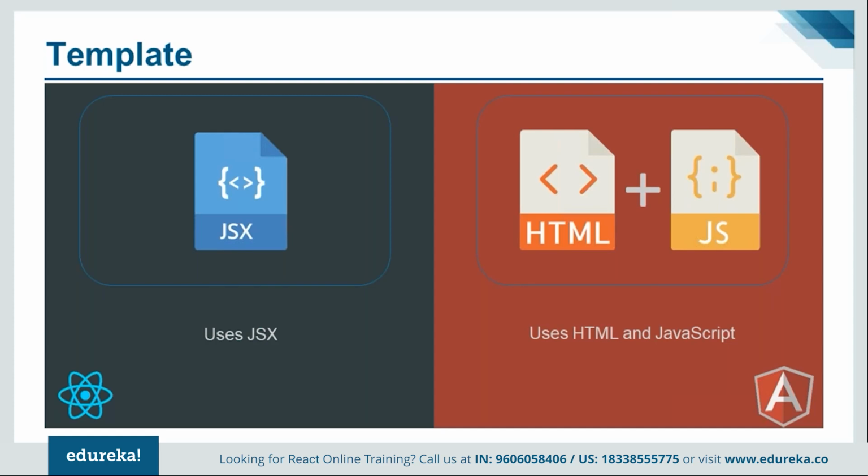But yes, the syntax and the conventions in Angular are again extended. There are a few additional features which Angular provides so that it can take care of the overall approach of building good applications for single page. So those extensions are there in Angular as well. But from a templating perspective, it is more about HTML and JavaScript being used together. That's basically more from a template perspective.